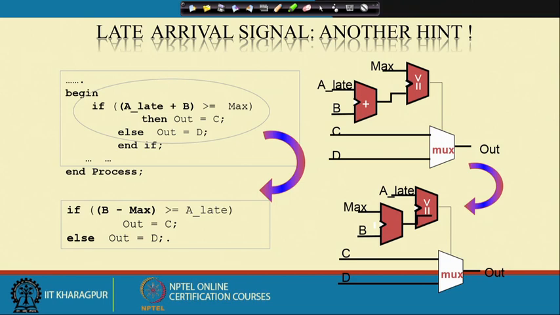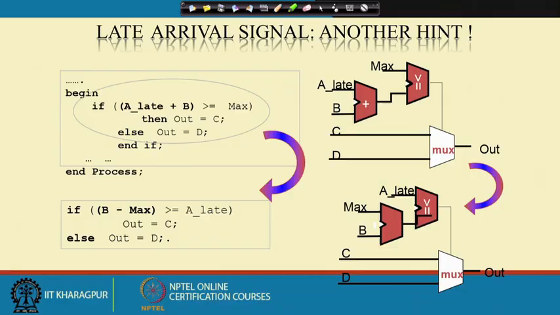So, the equation will be something like this: B minus max is greater than or equal to A_late, then out equals C, otherwise out equals D. That means the logic remains the same. Here, if you see, the logic remains the same, but I have just interchanged the positions of A_late and max.